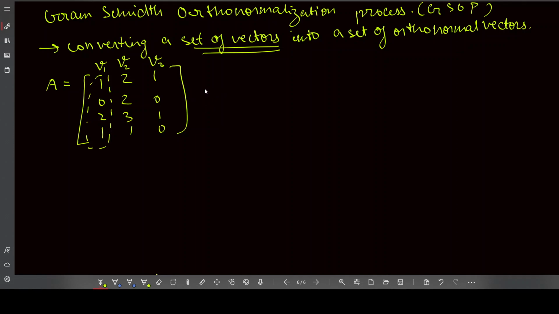Now I want to convert this into an orthonormal matrix, because I have to convert a set of vectors into a set of orthonormal vectors. I'll call this AO, which is a set of orthonormal vectors, and I want U1, U2, and U3, which are all orthonormal.